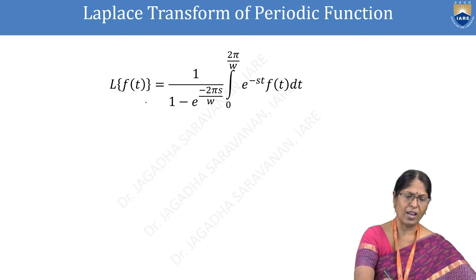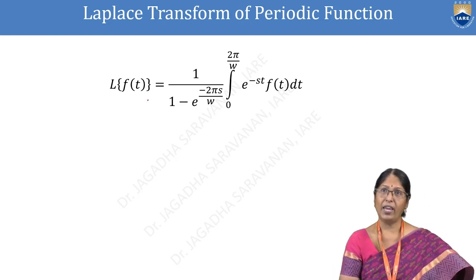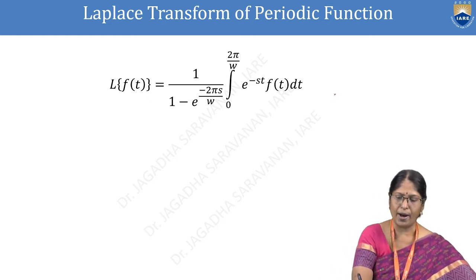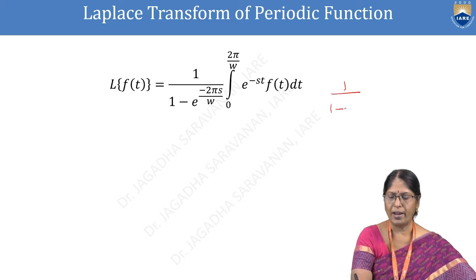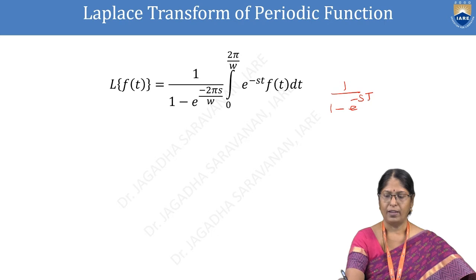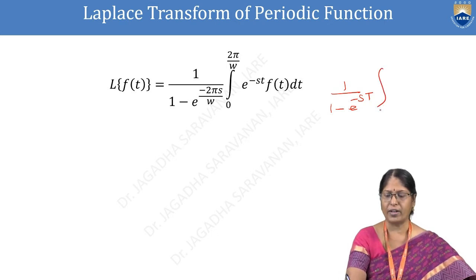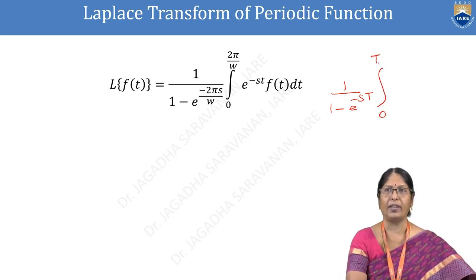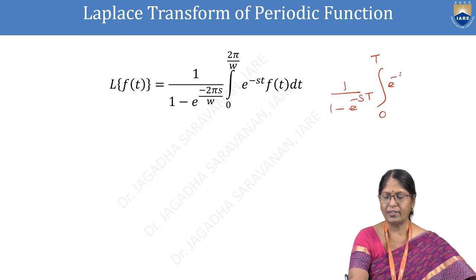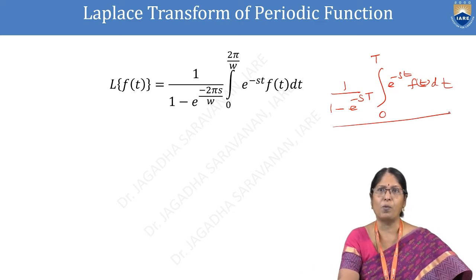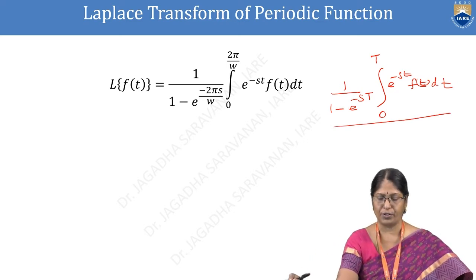Now, L of f of t equal to 1 by 1 minus e power minus s capital T, times the integral from 0 to capital T of e power minus s t f of t dt. This is the Laplace transform of a periodic function.